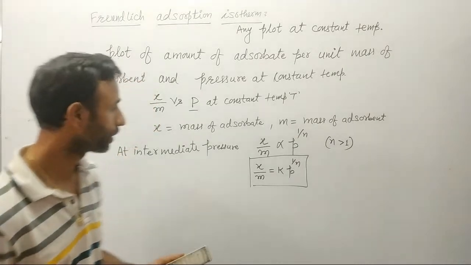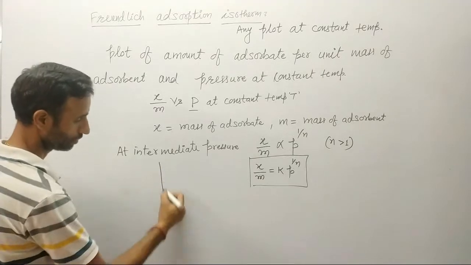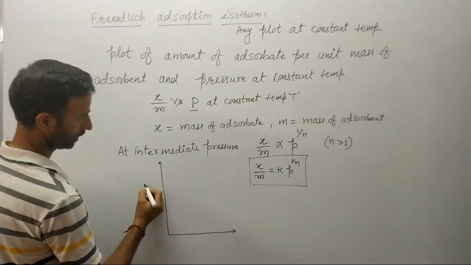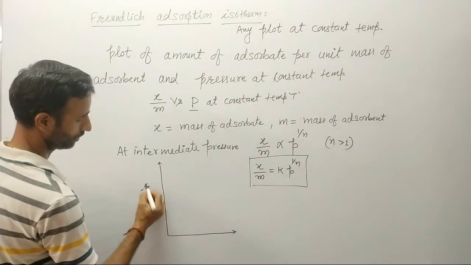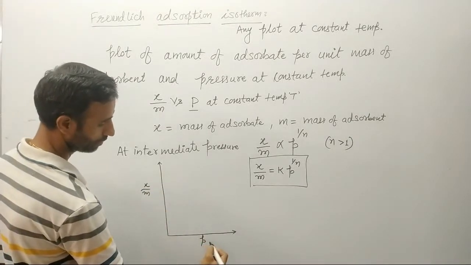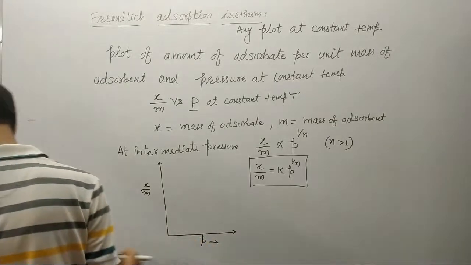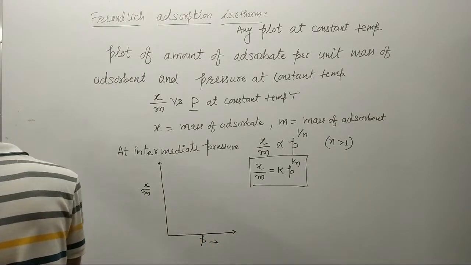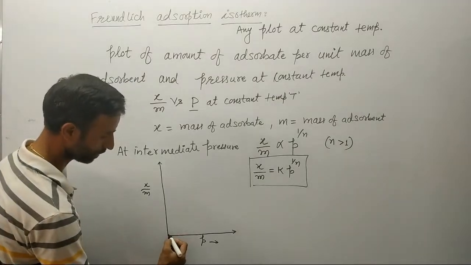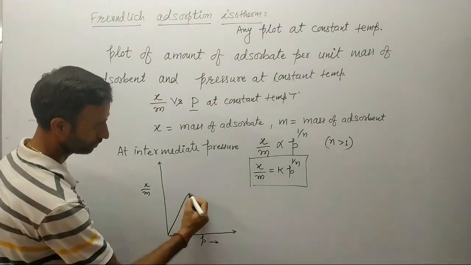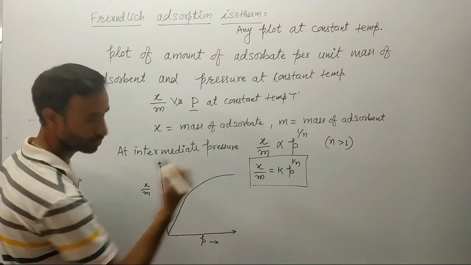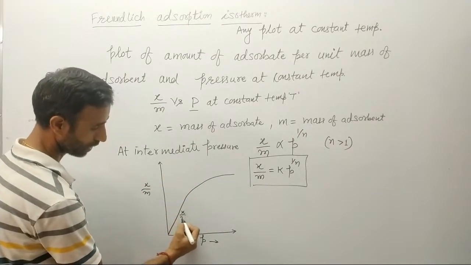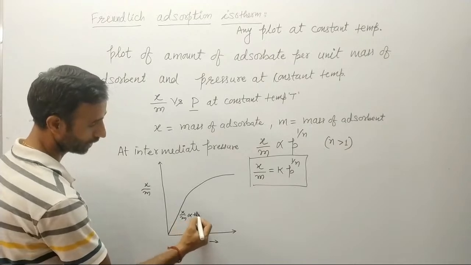Okay, so if we plot the graph, it is like x upon m versus p. Is it visible? Yes, x upon m versus p. It is like this. So at very low pressure, x upon m is proportional to p raised to power 1.